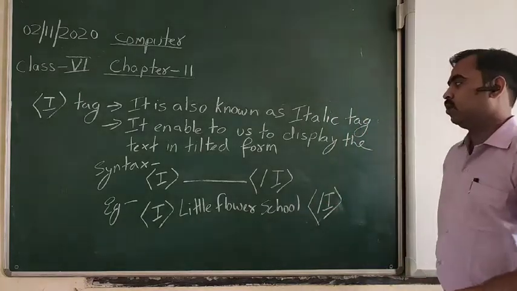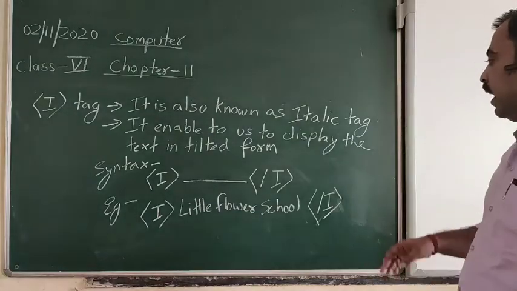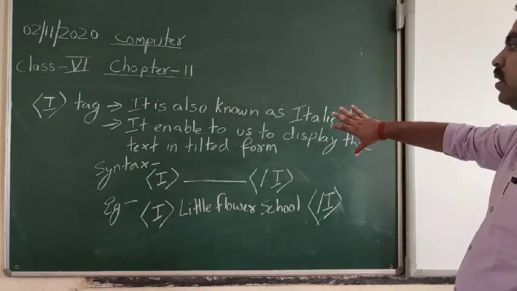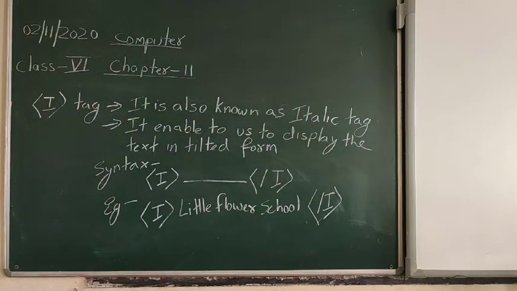Okay. So this is the way of using the I tag, which is also known as the italic tag. It enables us to display the text in the tilted form in the web browser. When you present the particular text in the web browser, it will display the text in a tilted manner.